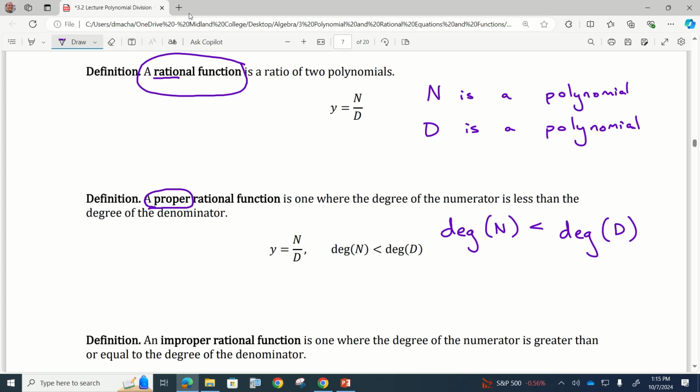And we say it's proper if the numerator has a smaller degree than the denominator. So an example of a proper rational function might be something like 2x plus 5 divided by x squared minus 1. Because the degree in the numerator is 1, and the degree in the denominator is 2, and 1 is less than 2. So that makes it proper.